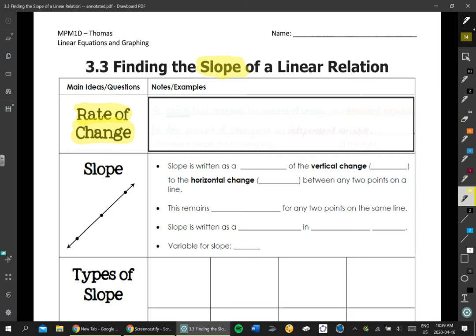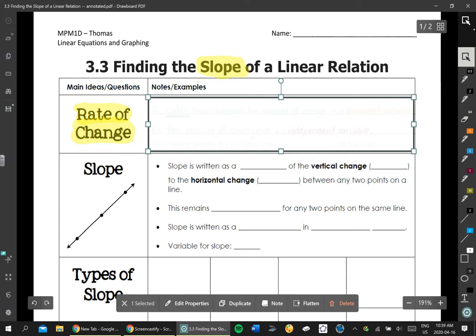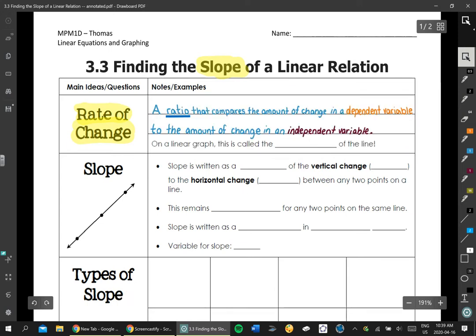Rate of change is defined as a ratio that compares the amount of change in a dependent variable to the amount of change in an independent variable.